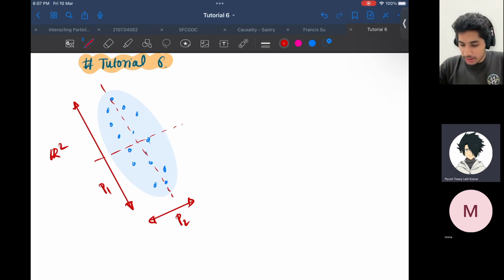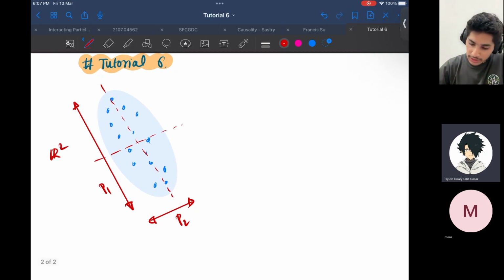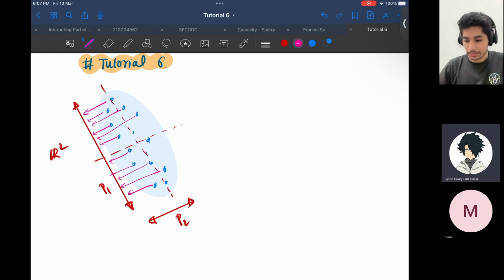If you want to reduce the dimension of your data from R2 to R1, you will project all your data points on this P1, right? And you will say that this is my new data, which has reduced dimension. So this was the gist of PCA last time.